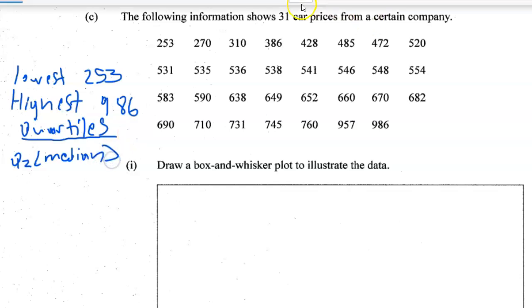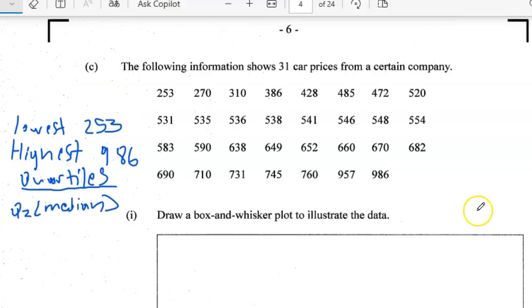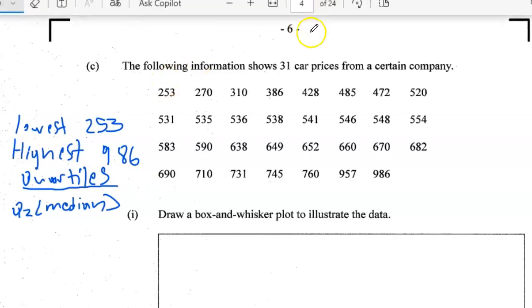In the question we're told it's 31 car prices, and the placement of the median is n plus 1 over 2, where n is the number of values in the data set. It's 31, so 31 plus 1 is 32, and 32 divided by 2 is 16. So the median is not 16. The median is in the 16th position.